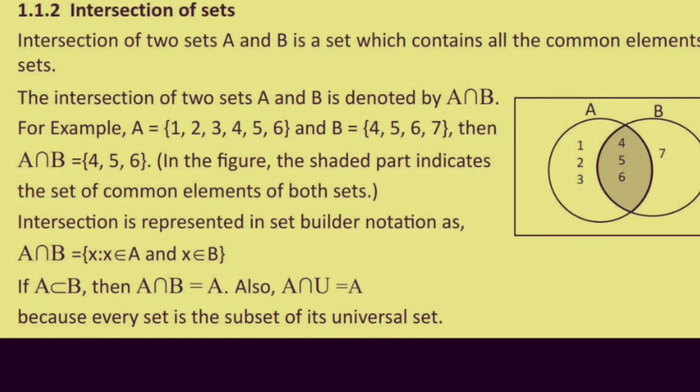For example, A consists of 1, 2, 3, 4, 5, 6 and B consists of 4, 5, 6, 7. And here we can see what the commons are. 4, 5, 6 are common in both sets. So A intersection B consists of those common elements, that is 4, 5, 6 in the set.